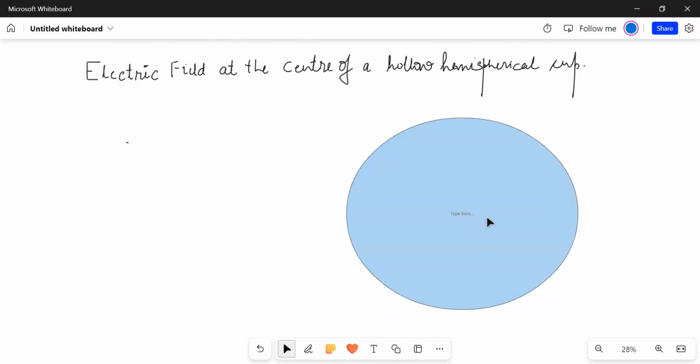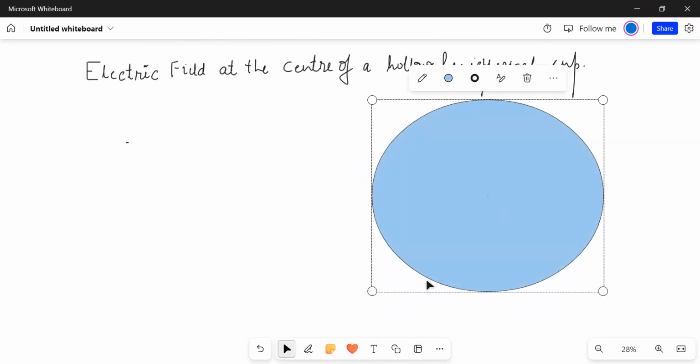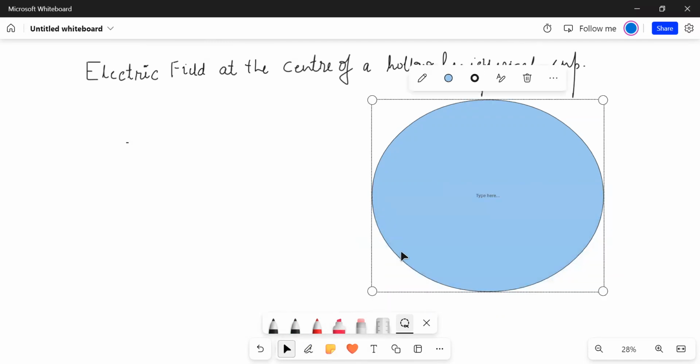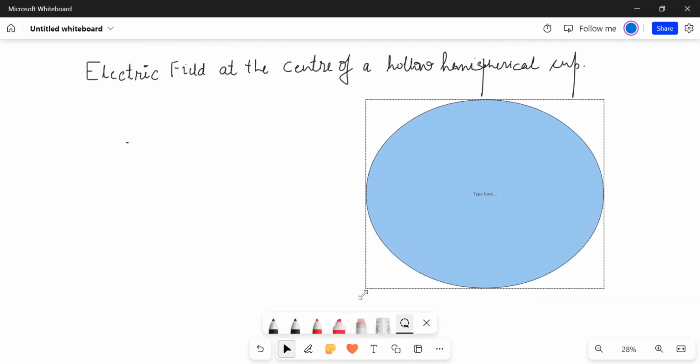Okay, so let me make a diagram so that it helps you out somehow. Okay, so I think this is not going to help us.